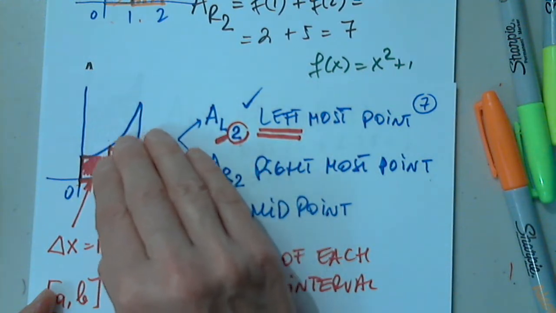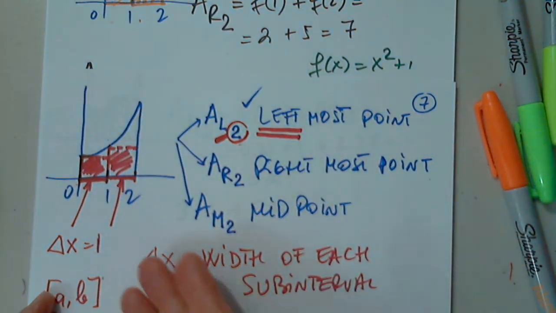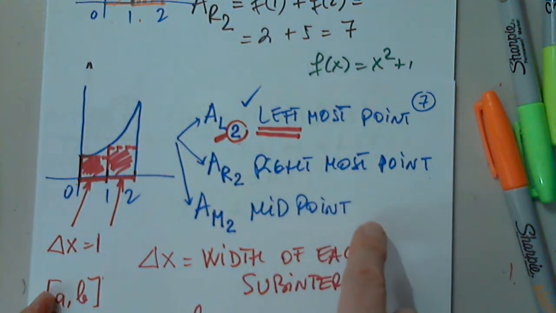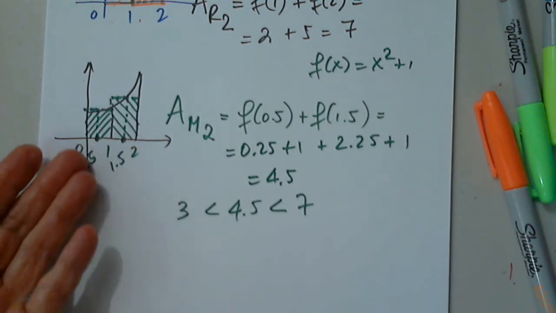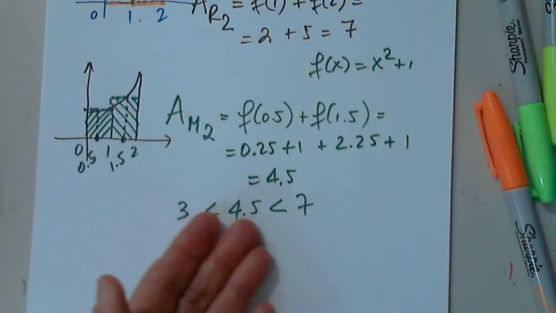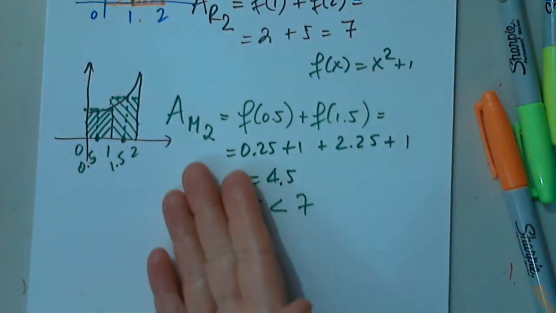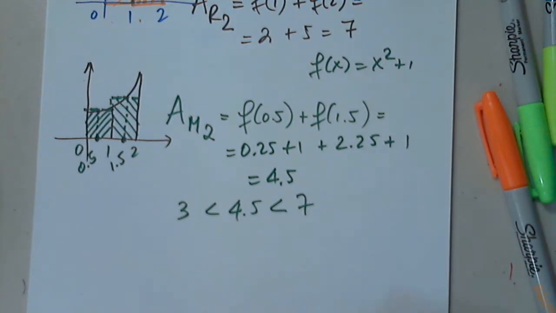Exact, I will not. But at least I have tools to estimate it. Leftmost point, rightmost point, midpoint. So obviously, if I ask which of these 3 methods is the best for this function, I'm sure you all know, you're going to say the midpoint is the best estimation.